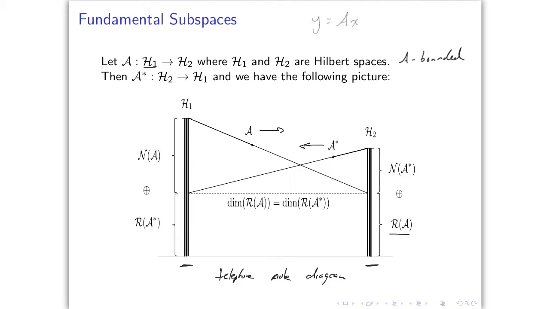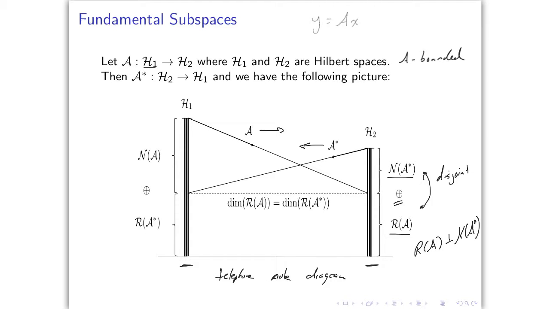One is the range space of our linear operator A, and the second is the null space of the adjoint of A. And these two spaces are disjoint. This symbol here means disjoint, meaning the only element that is in both of them is the zero element. It also means that anything in the range space of A is orthogonal to the null space of A star. So the range space of A is orthogonal to the null space of A star.